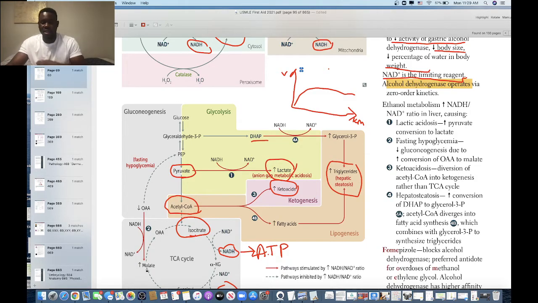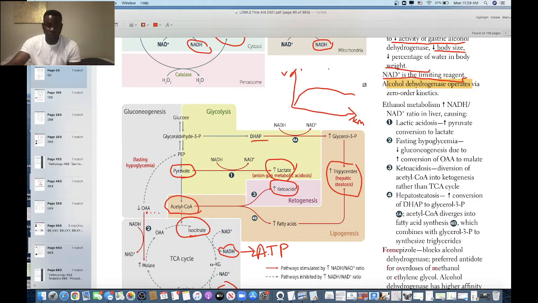They cannot use oxaloacetate to make PEP, because this process needs NADH, because oxaloacetate needs to be converted to PEP. This one is what? 4 carbons. 1, 2, 3, 4 carbons.